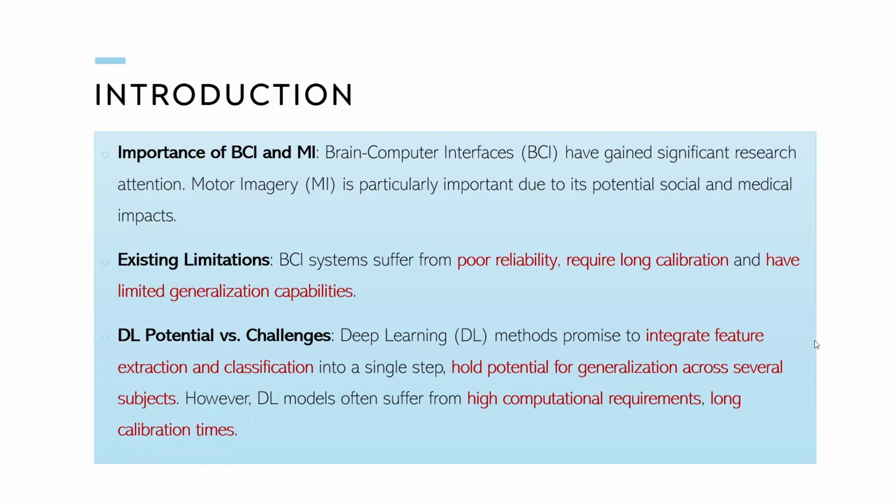But BCI is currently facing some limitations. Current BCI systems suffer from poor reliability, require long calibration time for each subject or session, and have limited generalization capability. These limitations stem from the noise, non-stationary nature of EEG signals, and significant inter-subject variation.